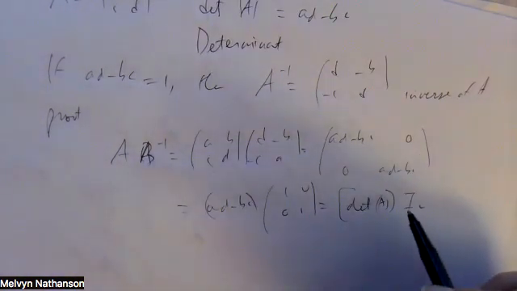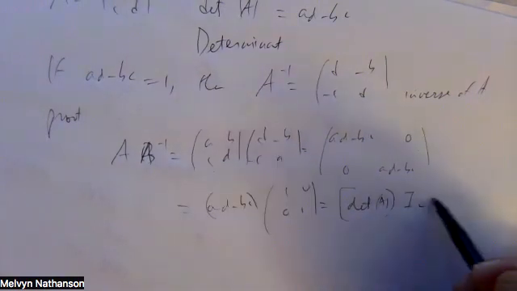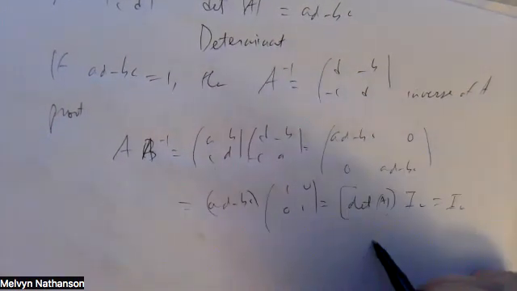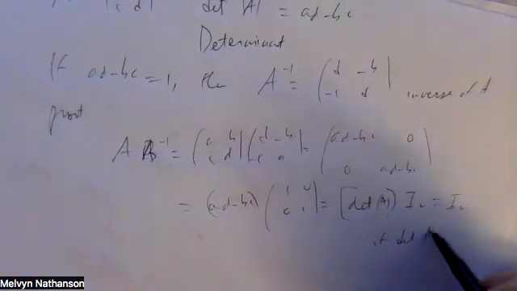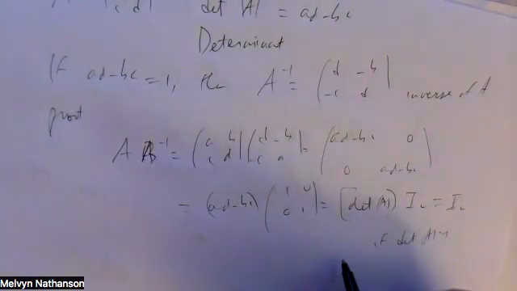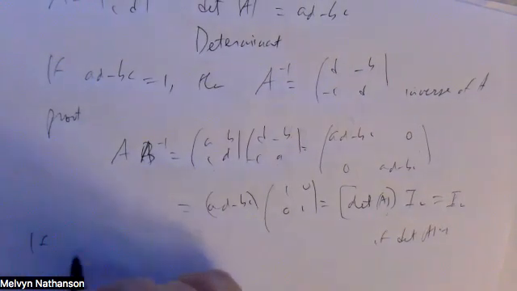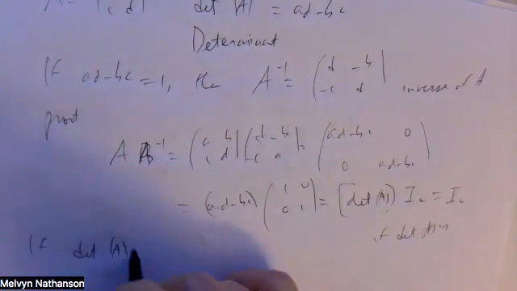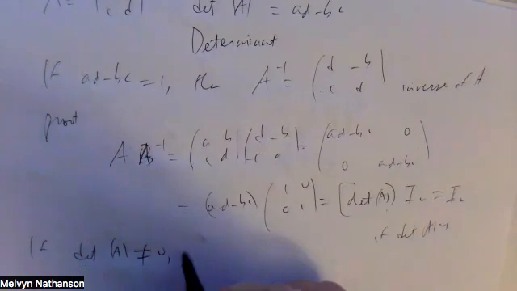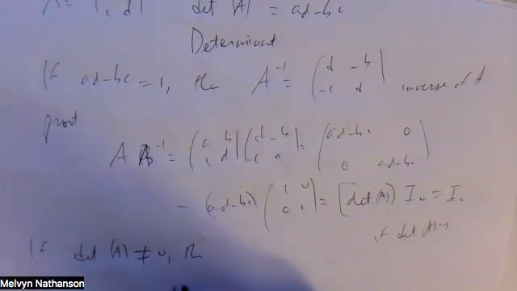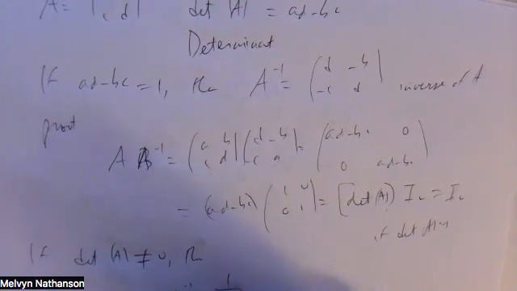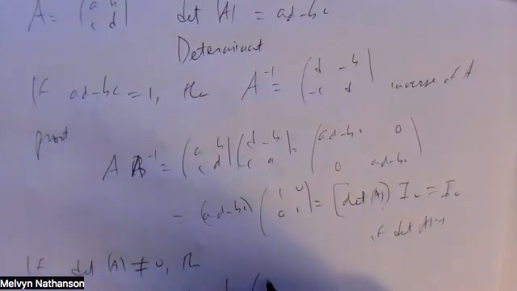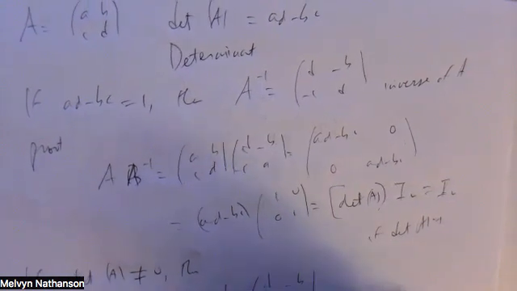So if the determinant of A is 1, this is just the identity. And if the determinant of A is any non-zero number, then A inverse will be 1 over the determinant times this basic matrix [d, minus b; minus c, a].